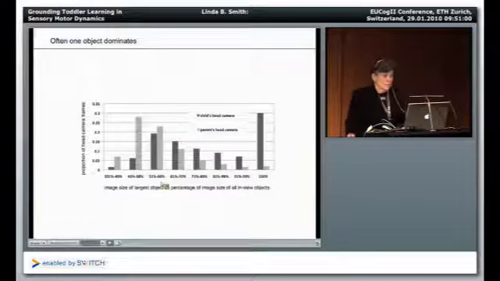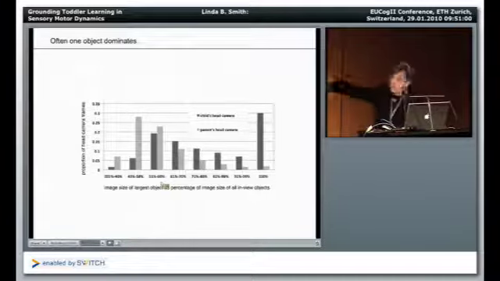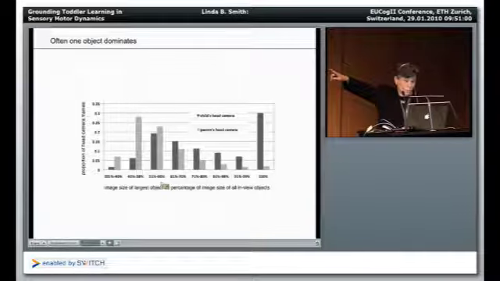This figure shows the proportion of head camera frames in which the image size of the largest object, what percentage the image size of the largest object was to all the other objects. And the point of this is to show you that often for the child, one object dominates. So down there where it says 33% to 40%, that's when the largest object is roughly equal to the other two objects in view, because there's three objects potentially, okay?